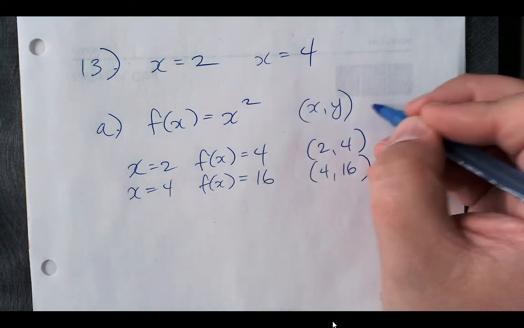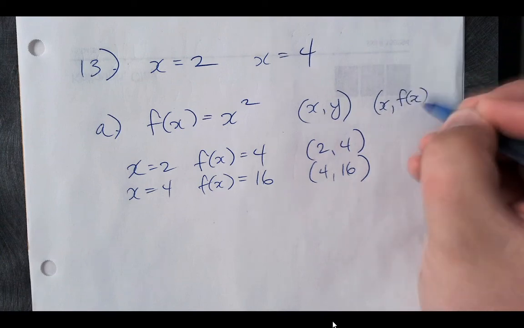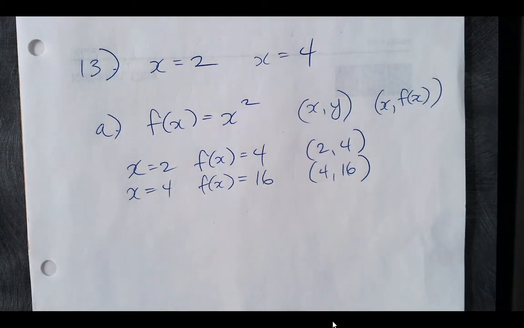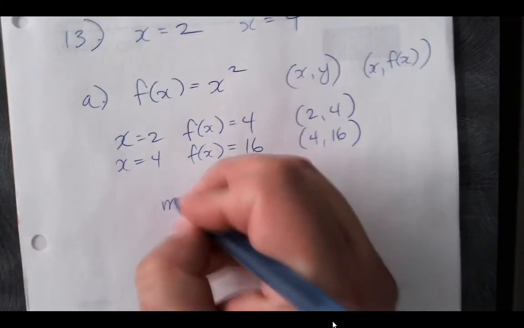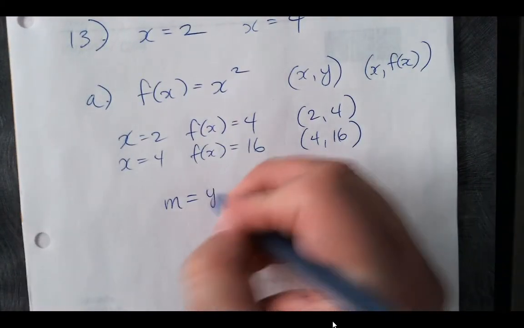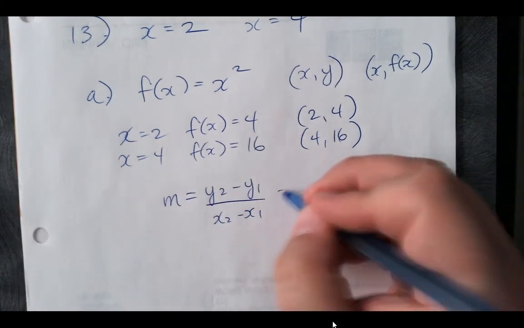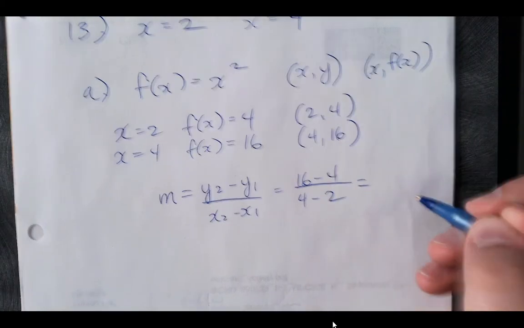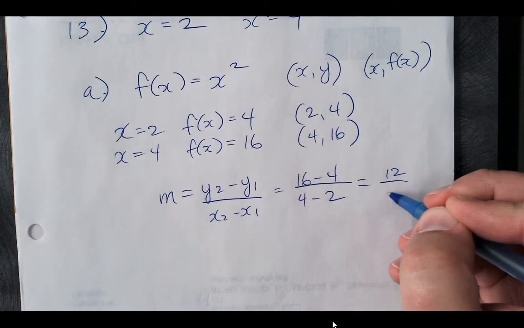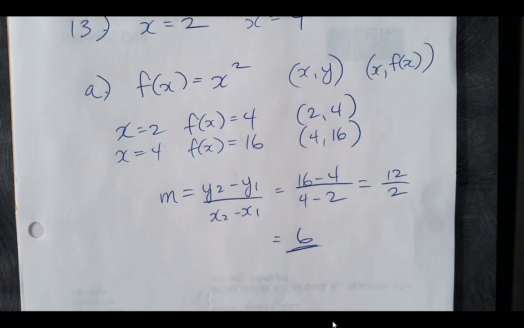Well, when you're in function notation, all points can be thought of as x, f of x. Same thing. And how do you find the slope between 2 points? You just break out your grade 10 slope formula, which is y2 minus y1 over x2 minus x1, which is 16 minus 4 over 4 minus 2, which is 12 over 2, which is a slope of 6, which I hope is the right answer.